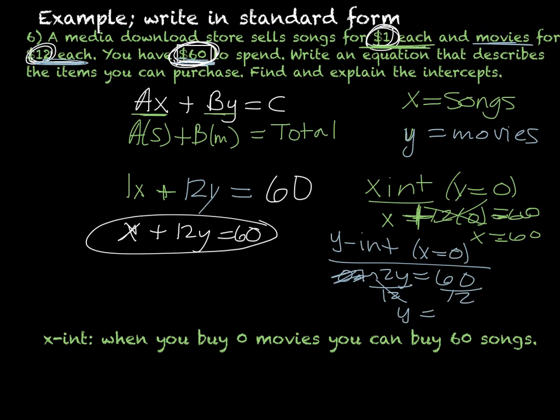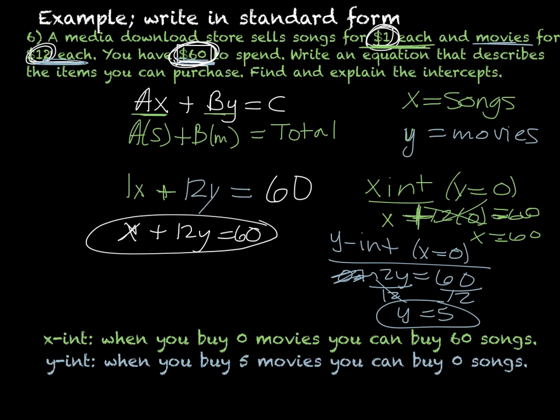And y equals 5. So what that one means is when you buy 5 movies, you can then buy 0 songs. So that's kind of your range of what you can do. So that gives context to your intercepts.